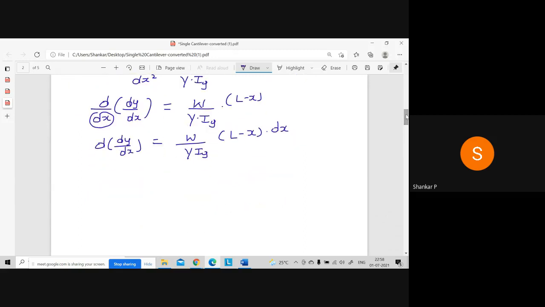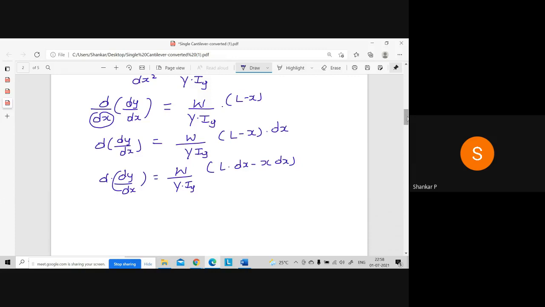Further, taking the terms inside the bracket, d of dy by dx is equal to W by Y Ig into L dx minus x dx.